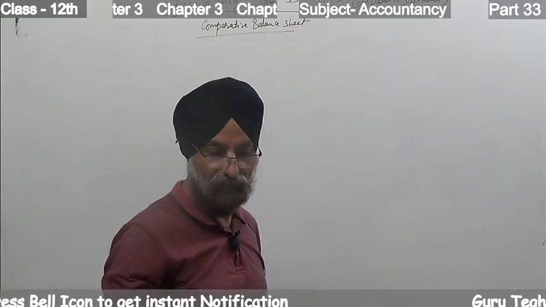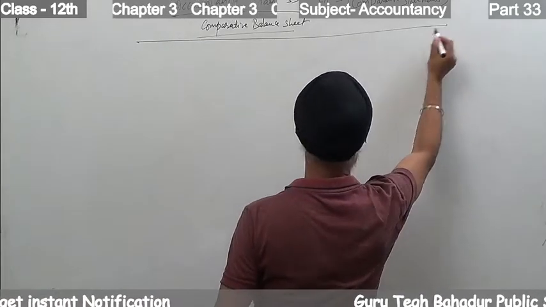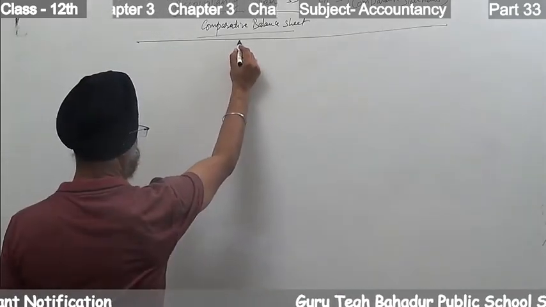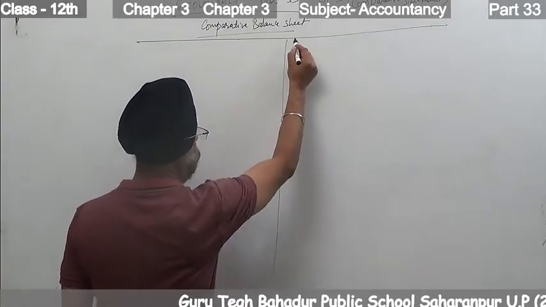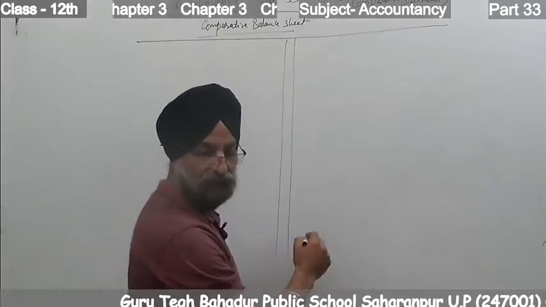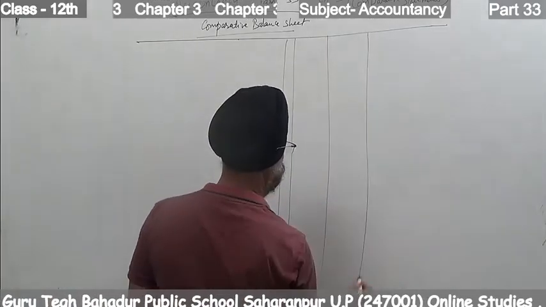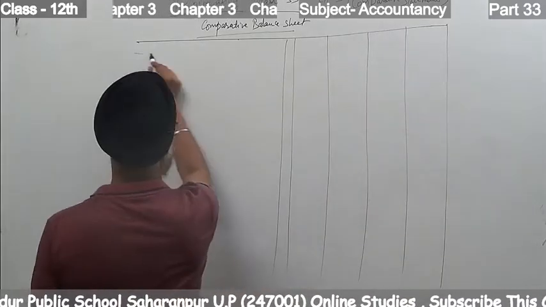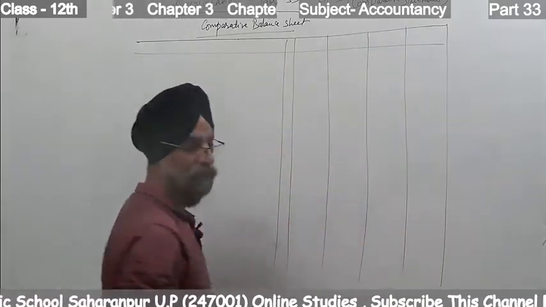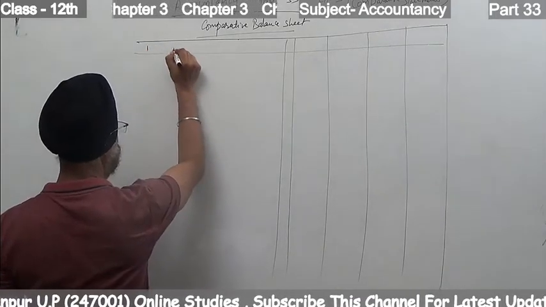First of all, make the columns like this. Make particulars. This is the first column, particulars.